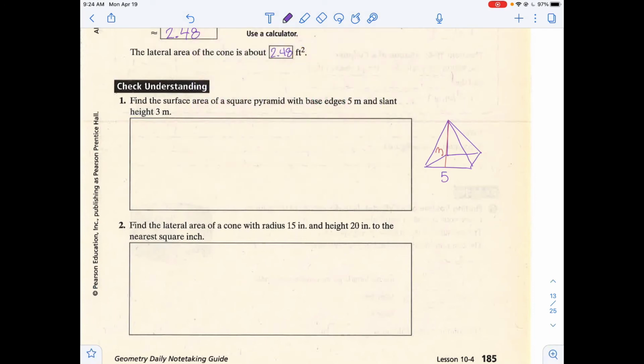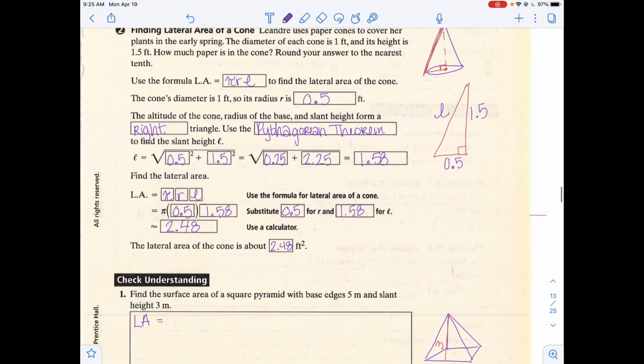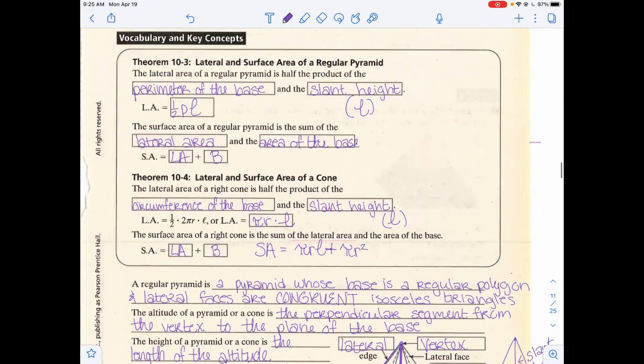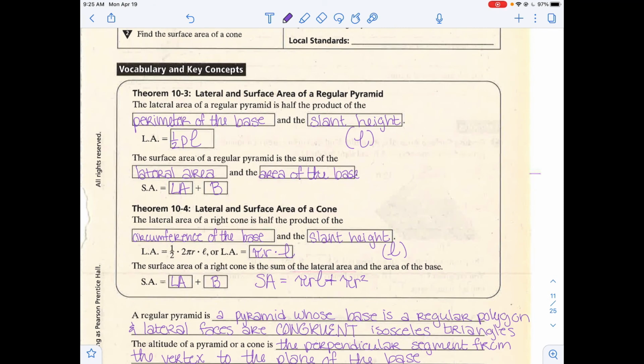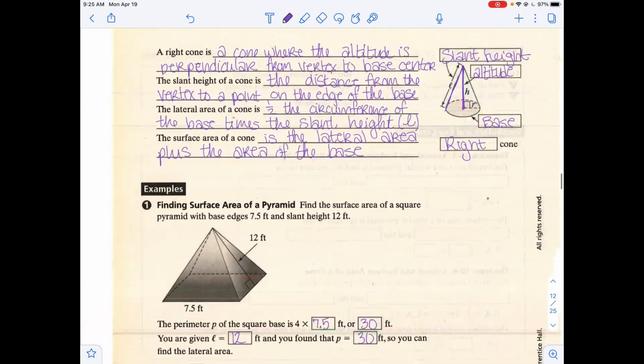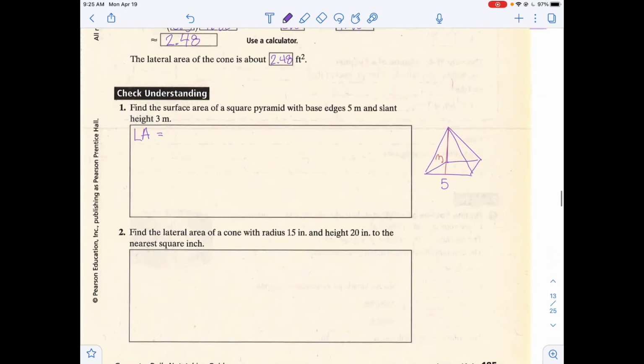Okay, so we need the surface area of a square pyramid. So we need to start with the lateral area. So let's go back. The lateral area of a regular pyramid is half the product of the perimeter and the slant height. Half perimeter times slant height. Well, perimeter, we know, is 4 times the side length, and our side lengths are 5. 4 times 5 would be 20.